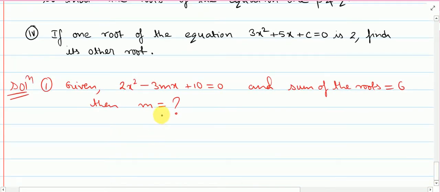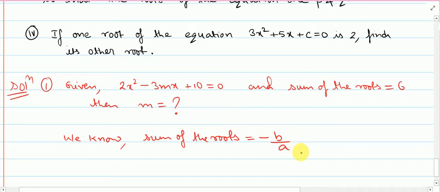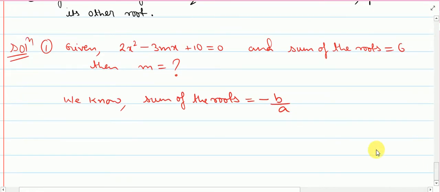What should be the value of m in order to get the sum equal to 6? So we know the sum of the roots will be minus b upon a, that means coefficient of x upon coefficient of x square.